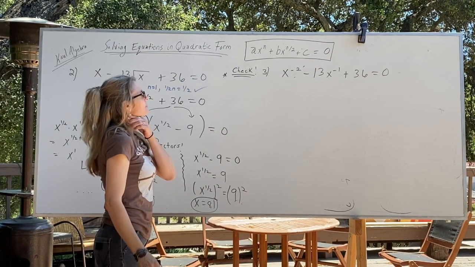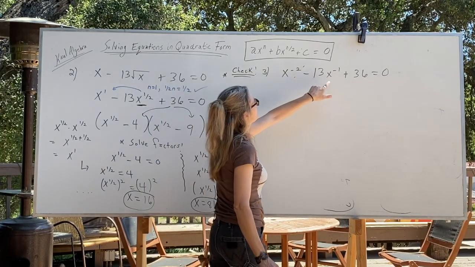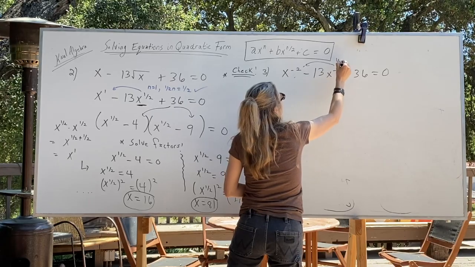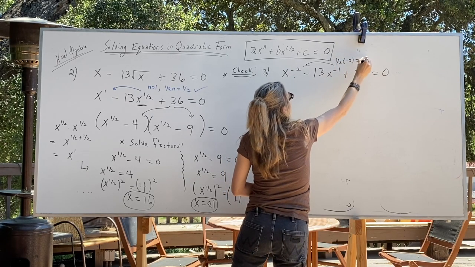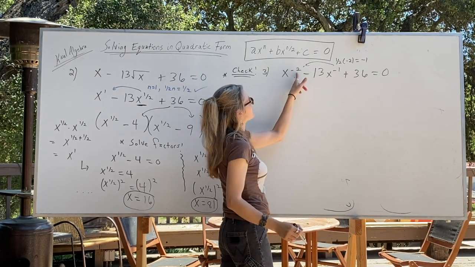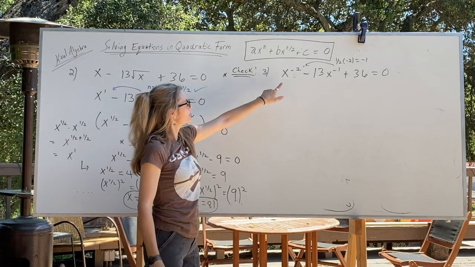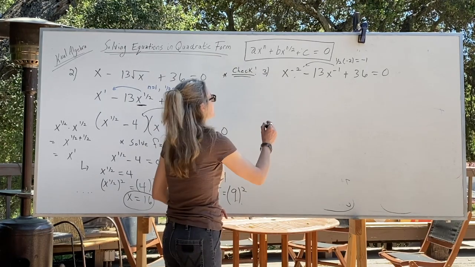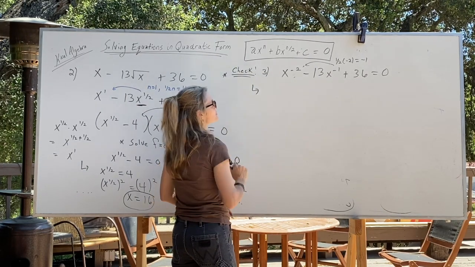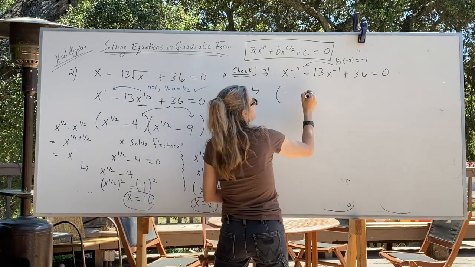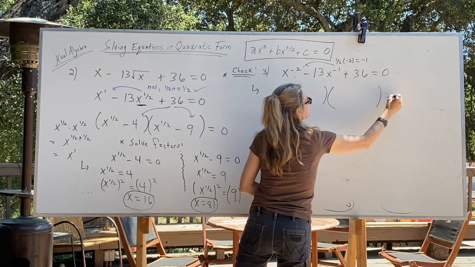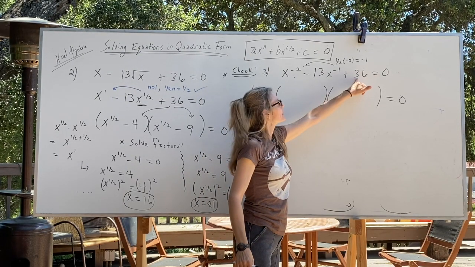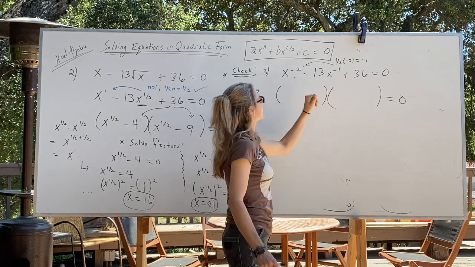So again, we note this is quadratic in form because this exponent is half of my leading term exponent, and I have my constant. So I could go straight to factoring this. I want to create my two factors, with numbers that multiply out to positive 36 but add to minus 13.